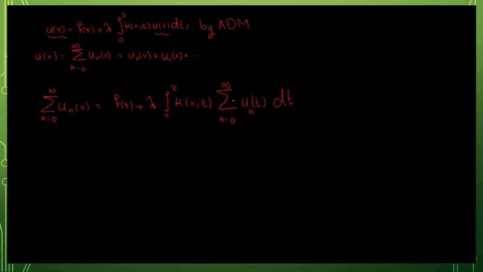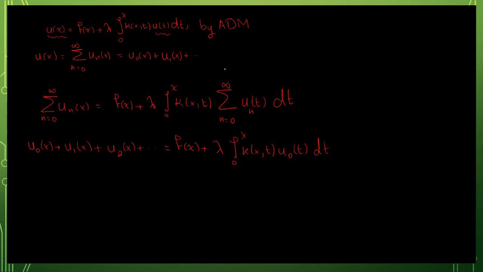Now let's expand those summations. U naught of x plus u1 of x plus u2 of x, and so on, equals f of x plus lambda, the integration from 0 to x of k of x and t, u naught of t dt.